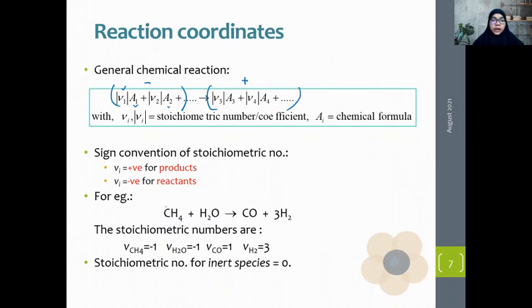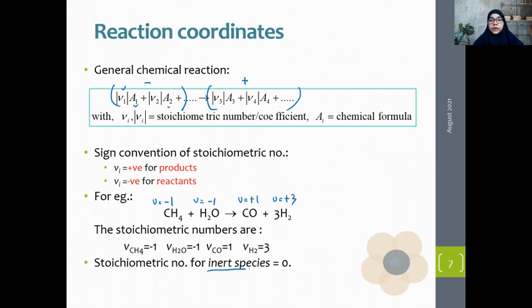Let's start with the reactants. For methane, ν is equal to -1, and ν for water is equal to -1 as well. And then we have ν for carbon monoxide equal to +1 and ν for hydrogen equal to +3. So for the product the sign is positive, and for the reactant the sign is negative.